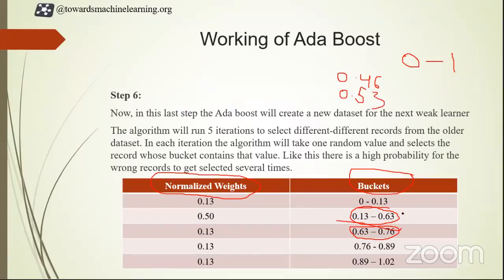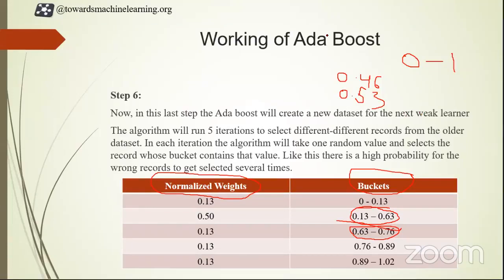Again this record is going to be selected. As there is a huge amount of numbers that lie in this bucket only, AdaBoost has a high probability that this wrong record is selected the maximum number of times.